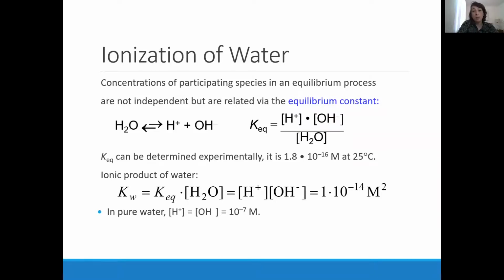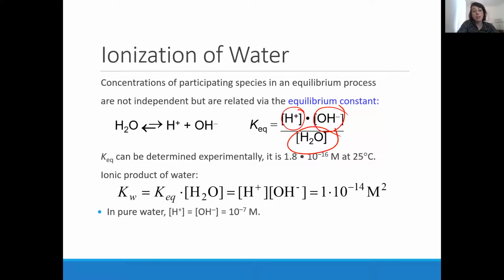So our equilibrium constant, our Keq, can be described as products over reactant, so our proton and hydroxide over the full water molecule. We actually know Keq for water. It's been determined experimentally, and it is about 1.8 times 10 to the negative 16 molar at 25 degrees Celsius. Remember that this can change. We can shift this by changing the temperature. That's why the temperature is listed here.